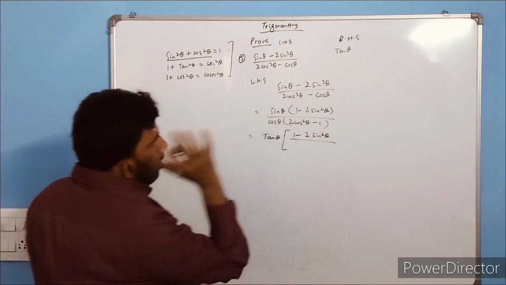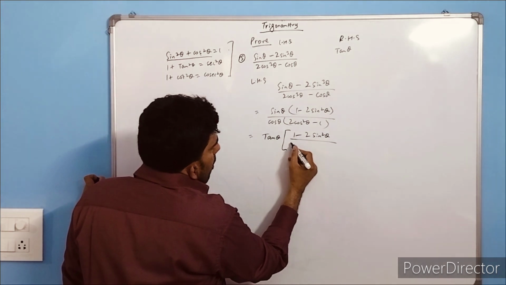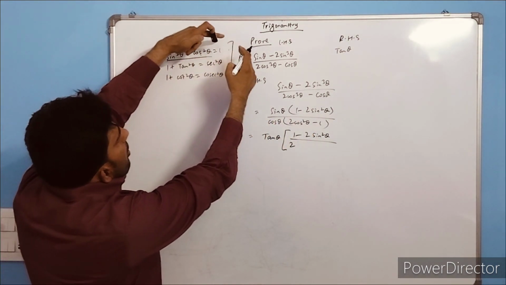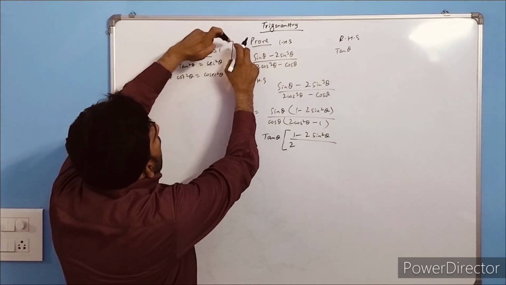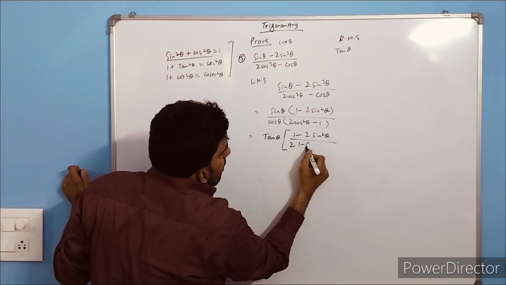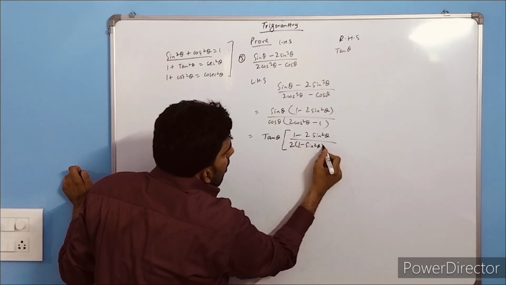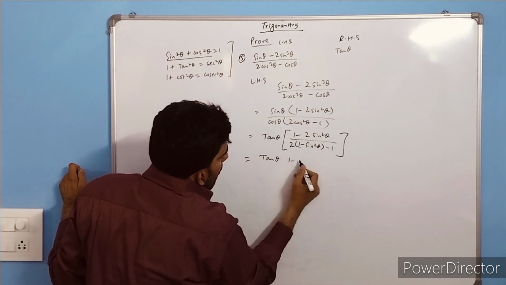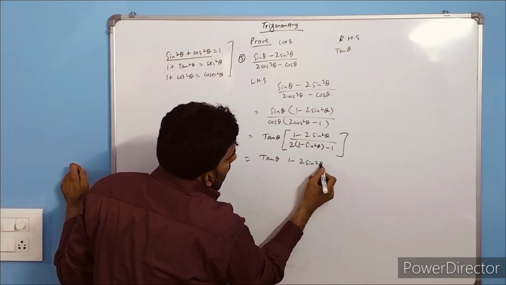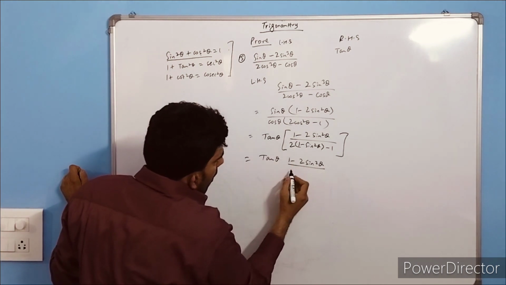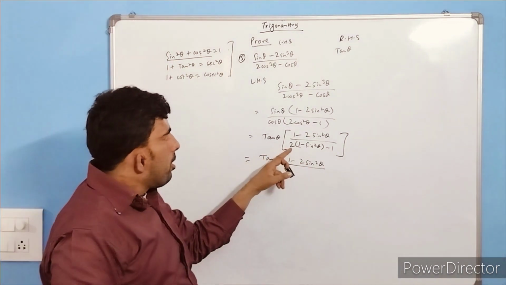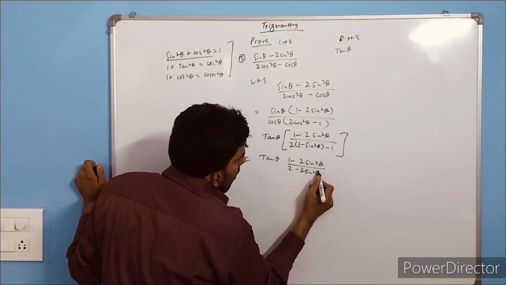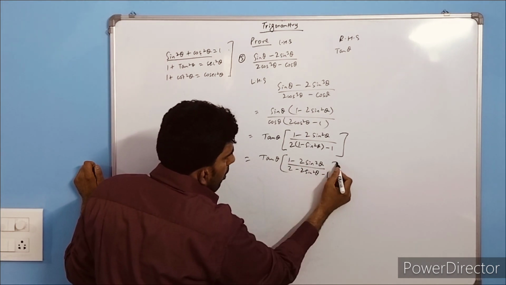Now the very easy form, let's go to the denominator. 2 cos square theta: instead of cos square theta, I can write, taking sin square theta to the RHS, 1 minus sin square theta. So what we will get is 2 times (1 minus sin square theta) minus 1.